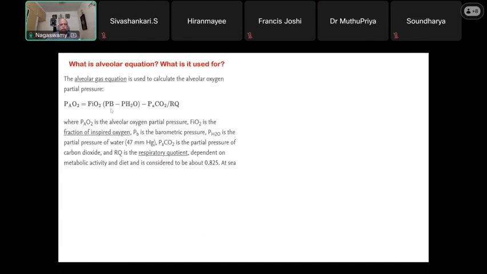So from 760, you have to subtract the pressure caused by the water vapor, then multiply it with FiO2, and subtract the arterial carbon dioxide divided by the respiratory quotient. If you remember this formula, it will give you the partial pressure of oxygen. Why do we have to know the partial pressure of oxygen?